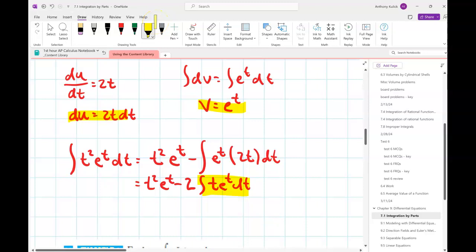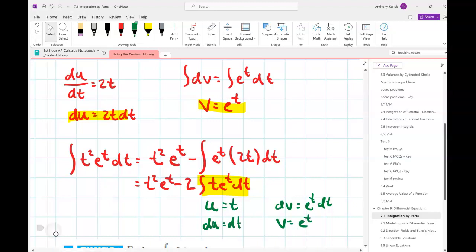Do you know how to do that? U sub's not going to work. Guess what we're going to do? We're going to do integration by parts again on that piece. So the u here will be t, and the dv will once again be e to the t dt. So hopefully you can see that du is just going to be dt, and v is just going to be e to the t.